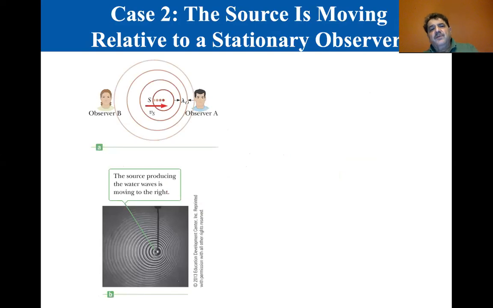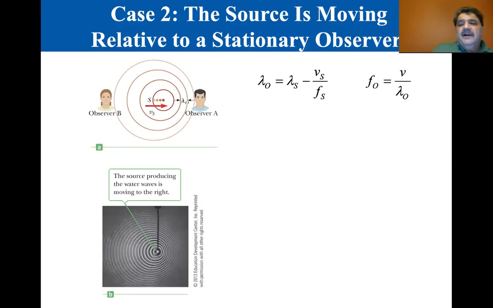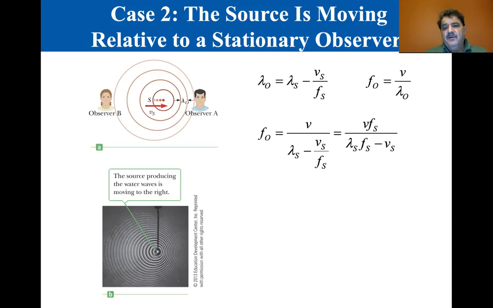Now, the source is moving relative to a stationary observer. You have observer A and observer B. So lambda O is equal to lambda s minus vs over f. F of the observer is equal to v divided by lambda of the observer.